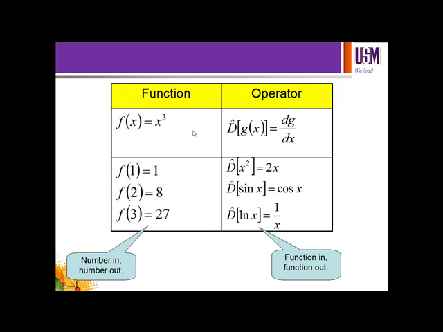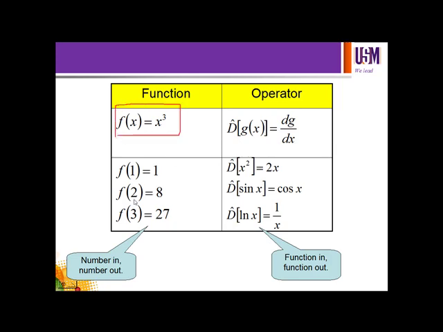This is an example of the differences between a function and an operator. For example, on the left here, if you are given a function equal to x cubed, then if you put in a number, the function will give you a number. For example, if x is equal to 1, then the function is equal to 1, depending on the relationship of the function.